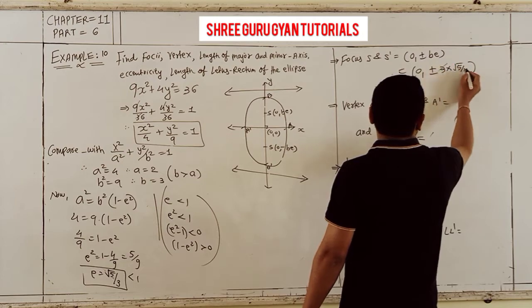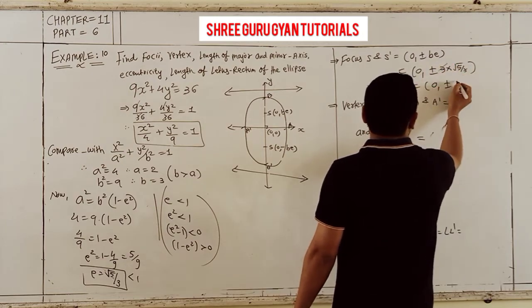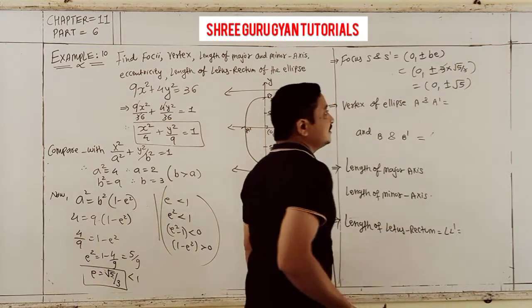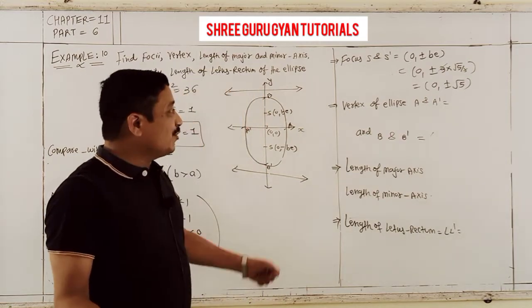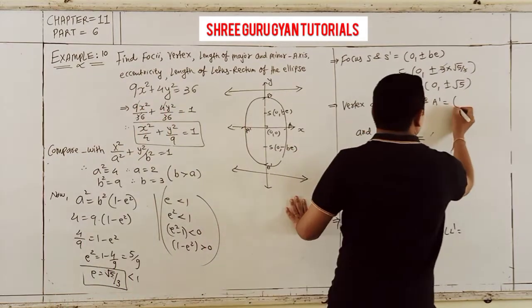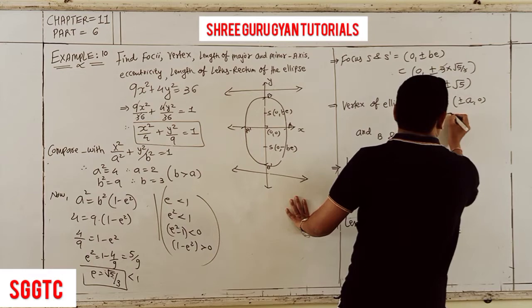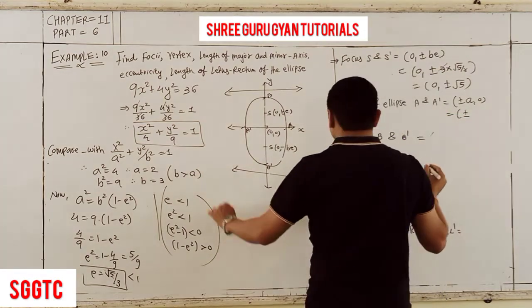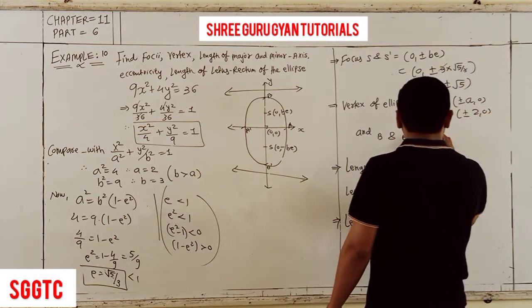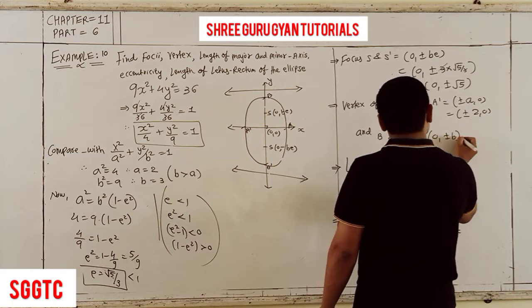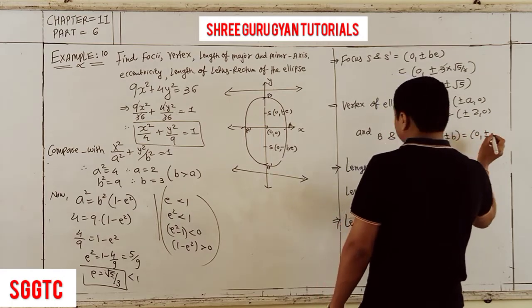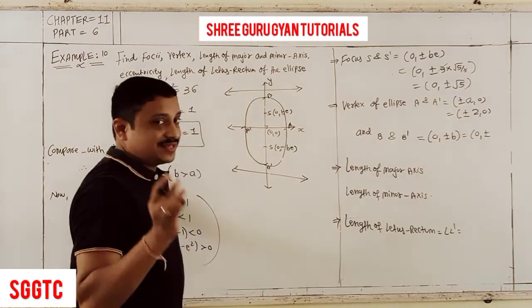That's why this cancels. Your answer is 0 comma plus or minus root 5. Focus done. Now vertices A dash is the same, plus or minus a, 0 on the x axis, first 2 0. Similarly here 0 comma plus or minus b. 0 comma plus or minus, what's the b? b is 3.